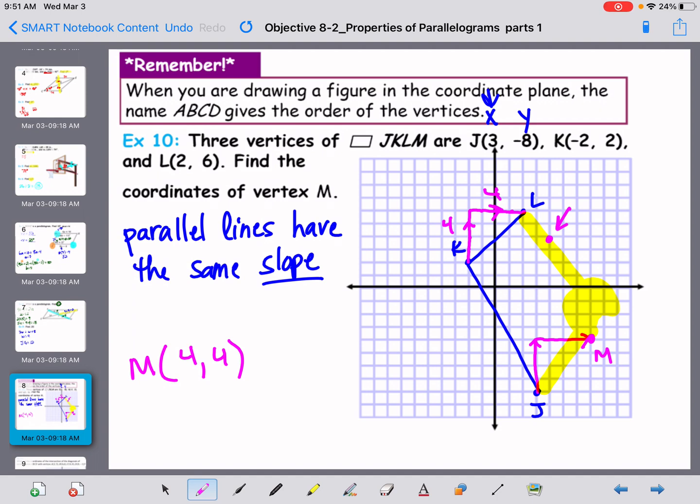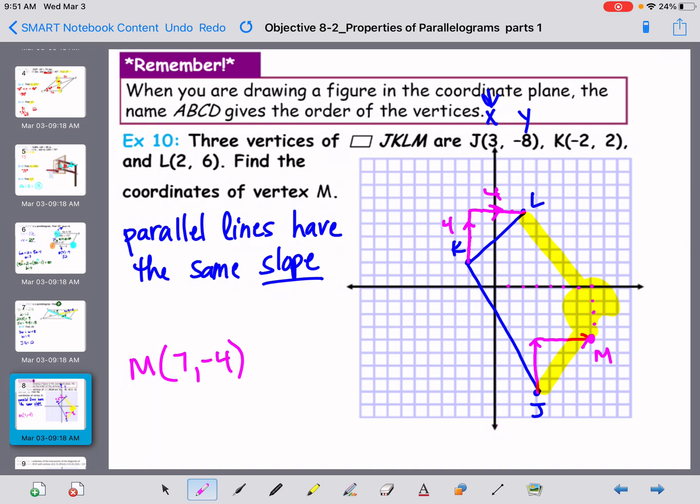That's definitely not point M, and that wouldn't even make the parallelogram. So we're going to start back at the origin and count over and down. So 1, 2, 3, I'm going over 7. And then I've got to go down 4.